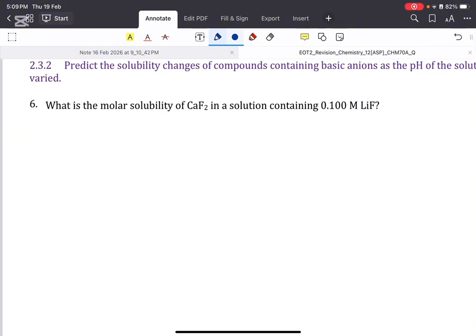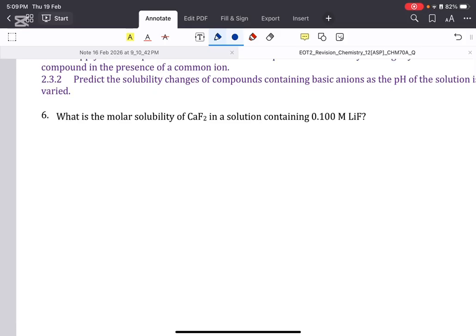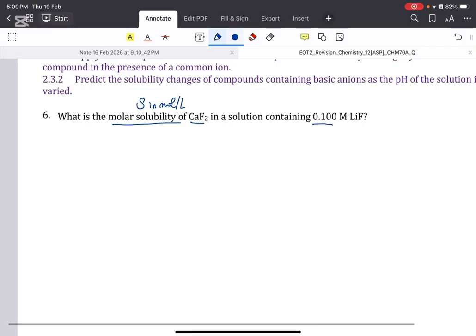What is the molar solubility? So they want us to calculate S in mole per liter because they said molar of calcium fluoride in a solution already containing 0.100 molar of LiF. Be careful, there is F here and there is F here.